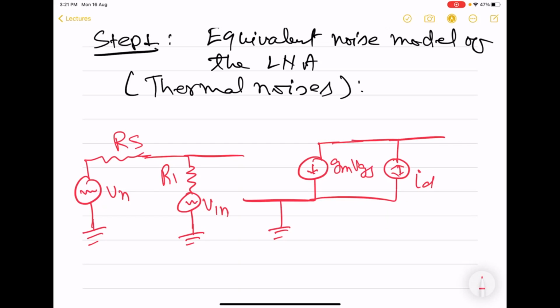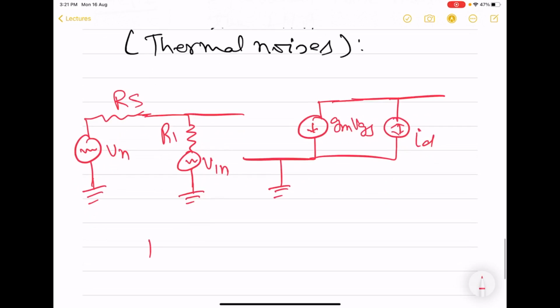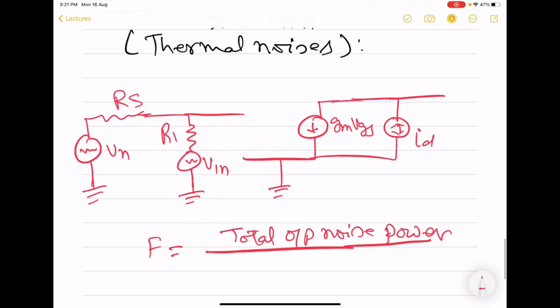Now we have to decide whether we want to use the Norton model or the Thevenin model of this LNA to find out the noise factor. Because recall that for the noise factor F, we will have the total output noise power divided by the noise output power due to RS.